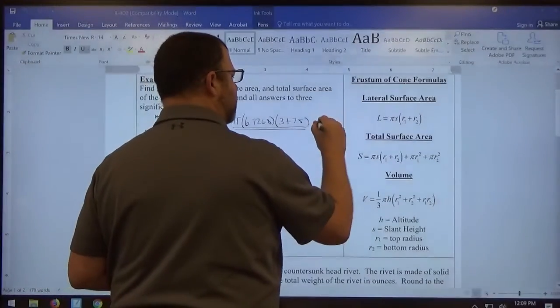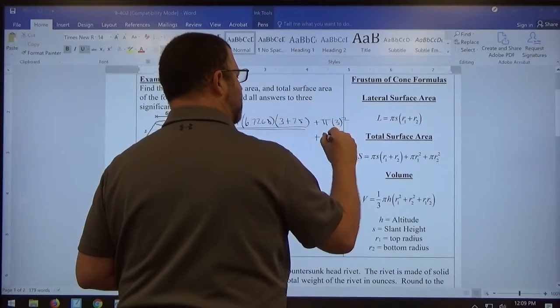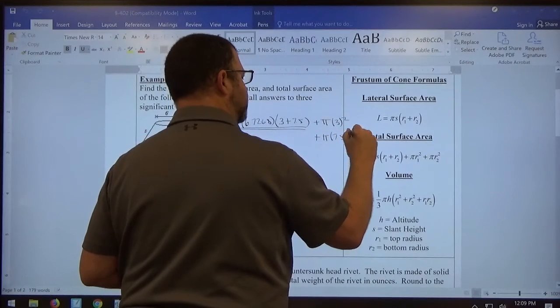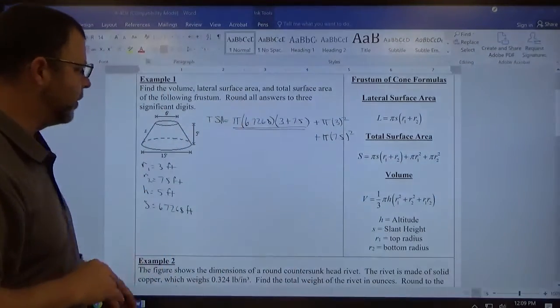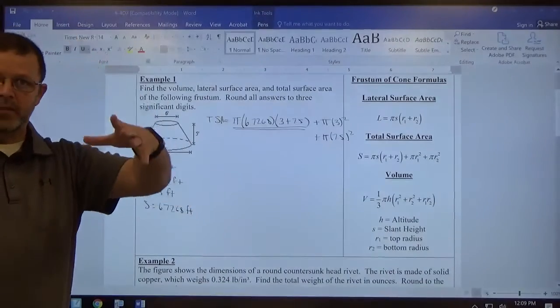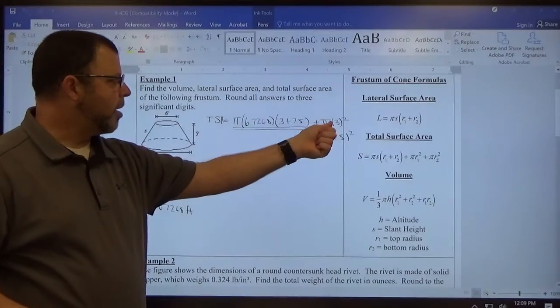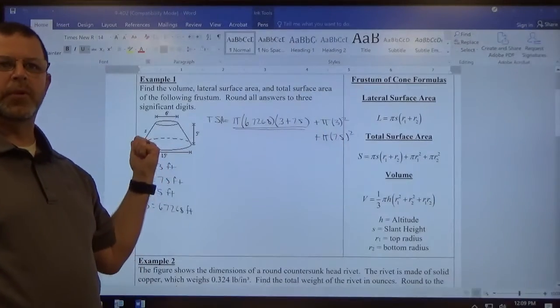And then it's going to be plus pi times the top radius squared plus pi times the bottom radius squared. So if we look at that formula specifically, this is the lateral surface area, the area of the sides. Pi times the top radius squared is just the area of the top circle. Pi times the bottom radius squared is the bottom circle area.